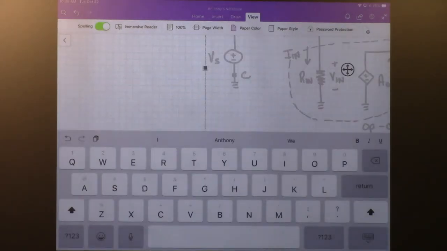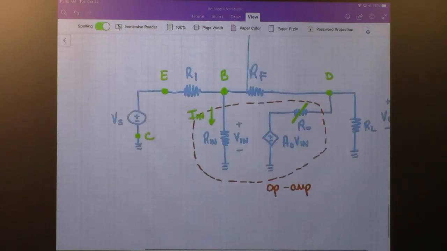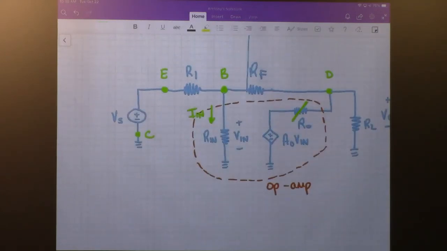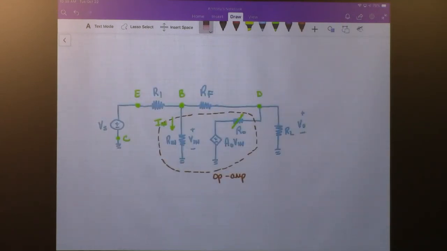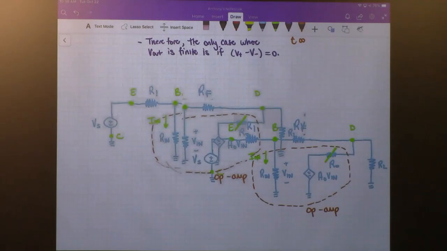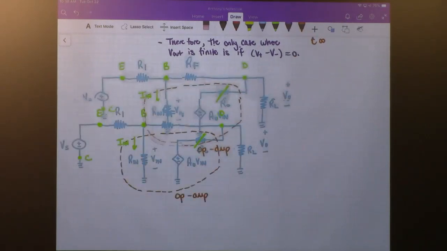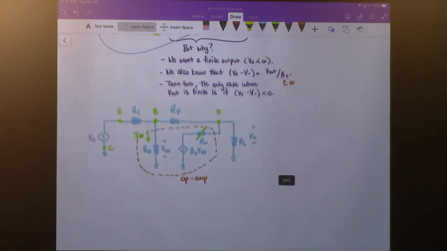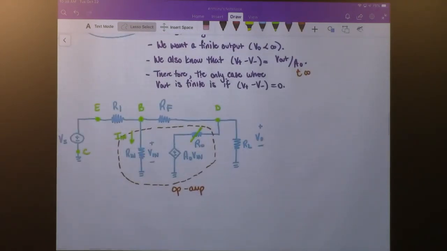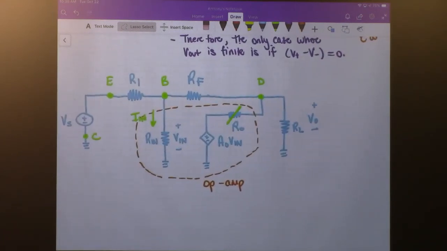All right, paste. Sorry, it's going to take me a second to get this in the right spot. All right, that should be good enough. Okay, so now I'm going to erase this right here. We don't need this anymore.